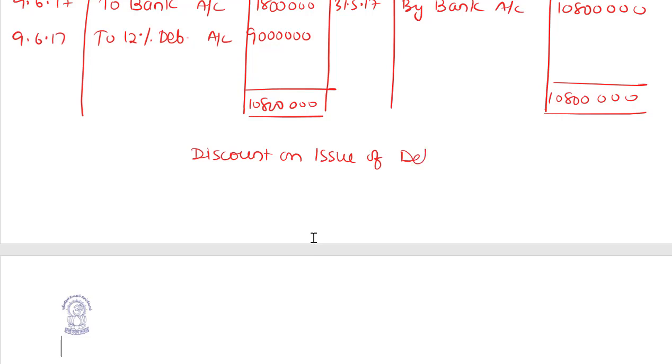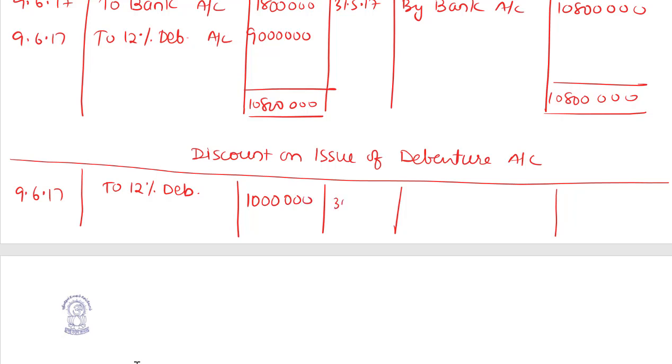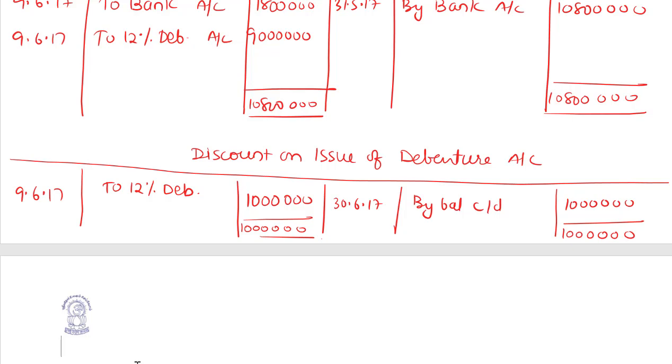Discount on issue of debenture account, to 12% debenture, by balance carried down, 10 lakhs. I believe you understood till here.